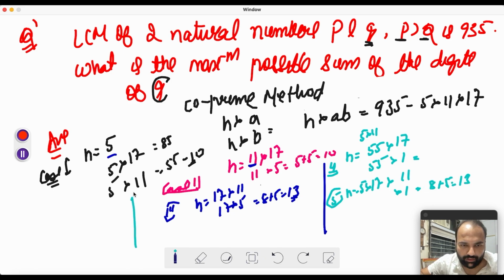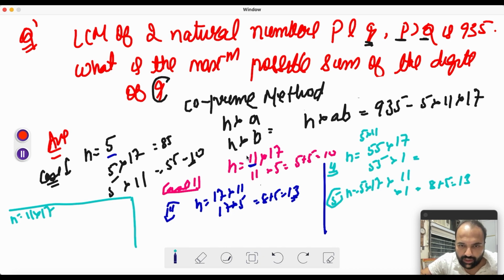So now what do we have left? We have one more case left. We have taken H as 5 into 11, we have taken H as 5 into 17. So what we can take now is H as 11 into 17.